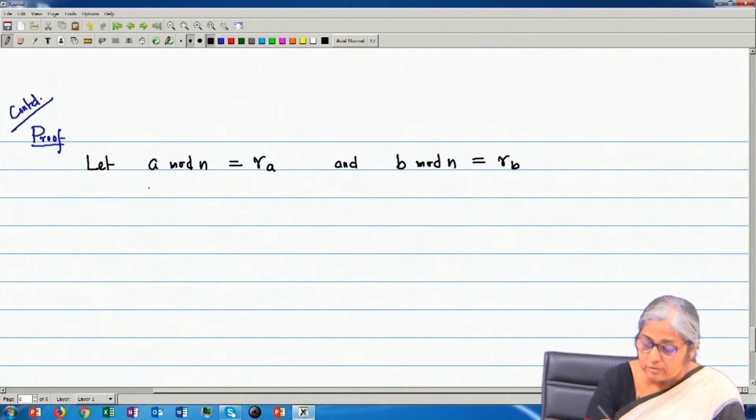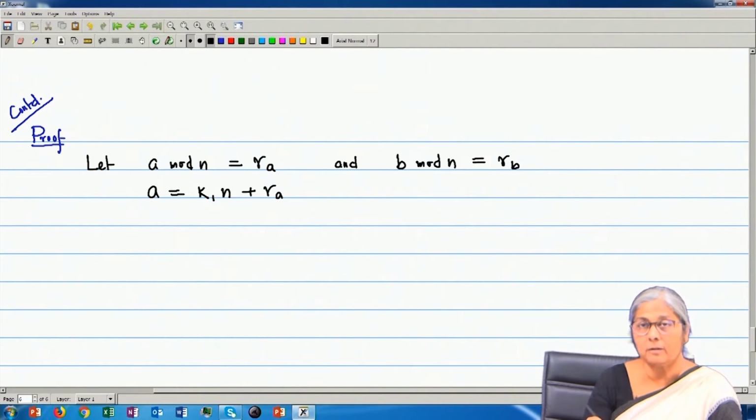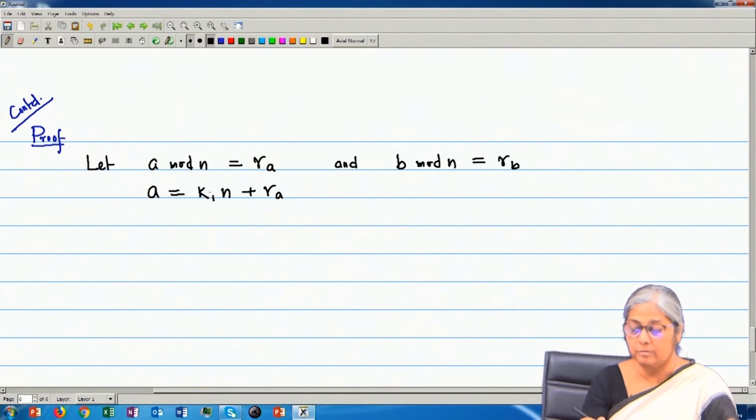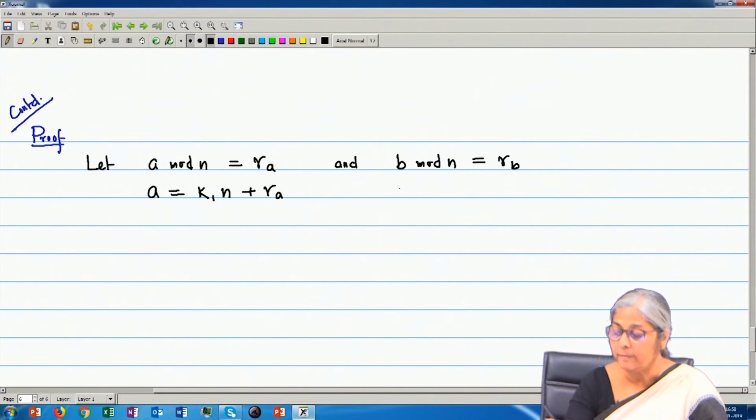So, I can write a equal to k1 n plus Ra, where k1 is the quotient when a is divided by n.